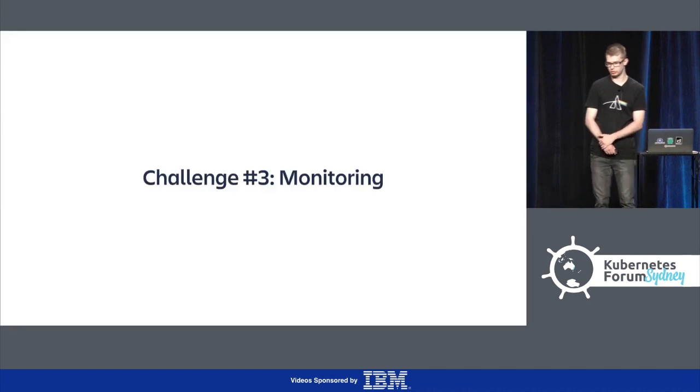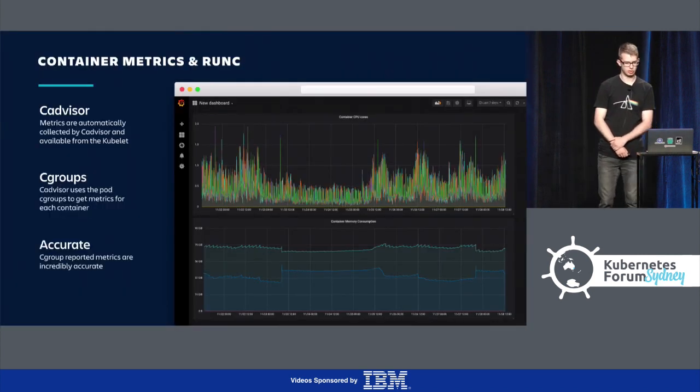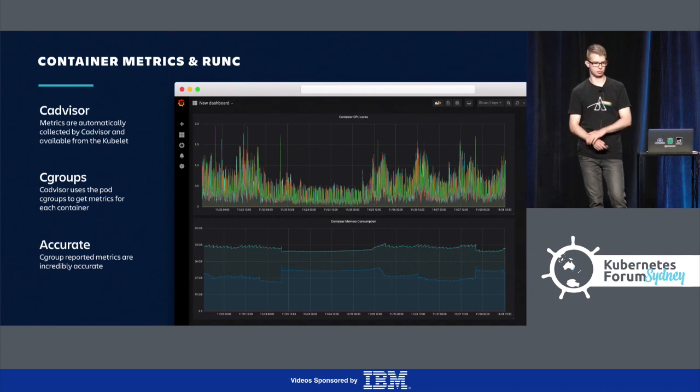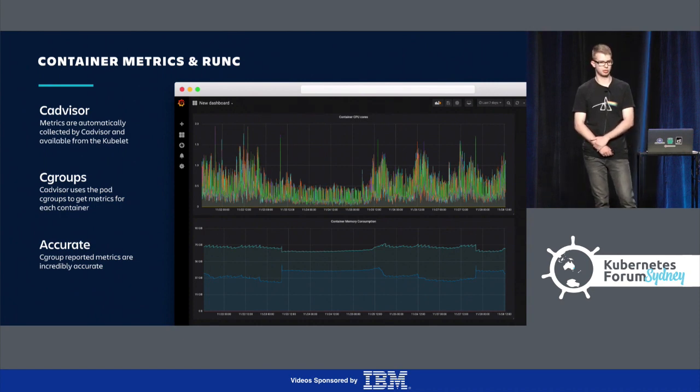That leads me to the final challenge that we've encountered: monitoring of containers running in Kata. Monitoring of regular containers is a fairly straightforward task when using runc. There are a few components, but it essentially boils down to the kubelet exposing an endpoint with metrics of all the containers on the host.